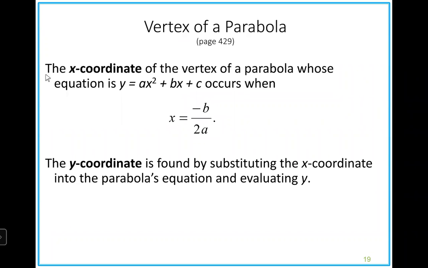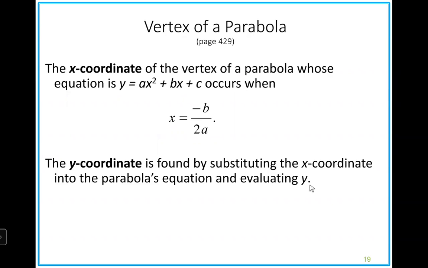So what they're saying is that the x-coordinate of the vertex, whose equation is y equals ax squared plus bx plus c, occurs when x is equal to negative b over 2a. The y-coordinate is found by substituting the x-coordinate into the parabola's equation and evaluating y.